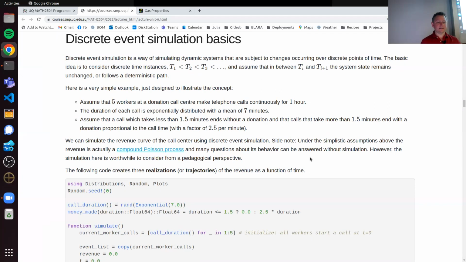So what is a discrete event simulation? Some simulations, like fluid dynamics, for example, if you want to look at how a rocket flies through the air, are usually modeled in terms of continuous things like pressure and flow. You might be solving a partial differential equation in order to figure out the dynamics of that system.